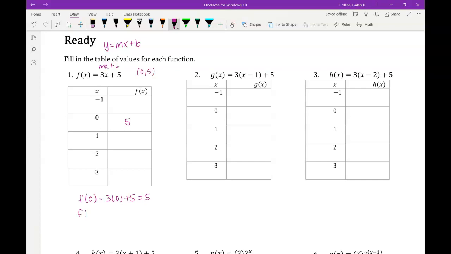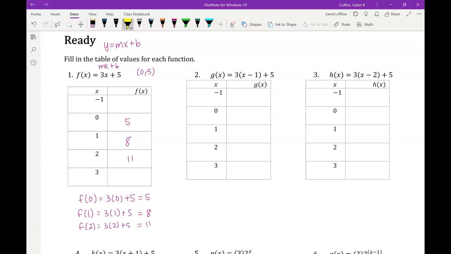I could then find f of 1, again by substituting 1 for x, so this becomes 3 plus 5, which is 8. Or I could find f of 2 by substituting 2 for x, so this becomes 6 plus 5, which is 11.